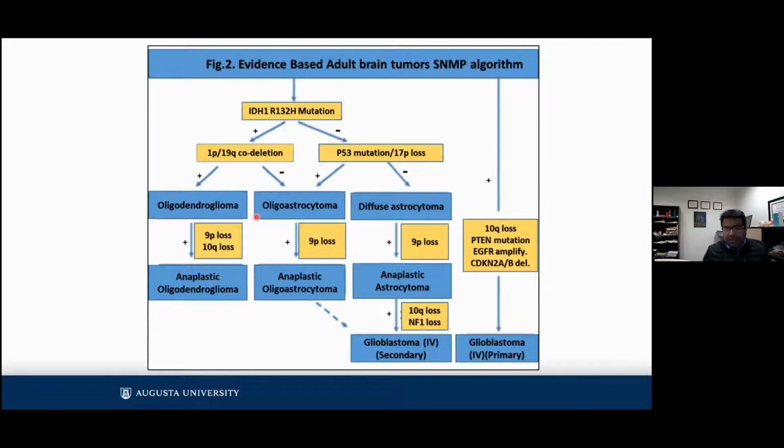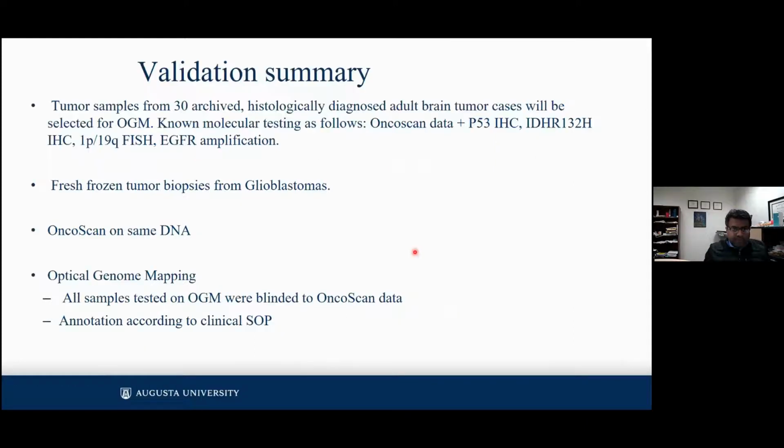This is what we clinically do on a daily basis using a SNP array to make that distinction of diagnosis as well as prognostication based on IDH1 mutation as well as 1p19q co-deletion, along with the whole variety of other genomic aberrations.